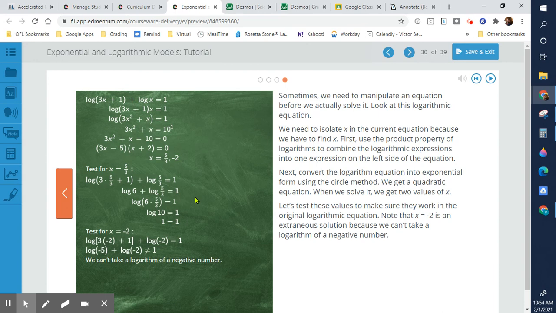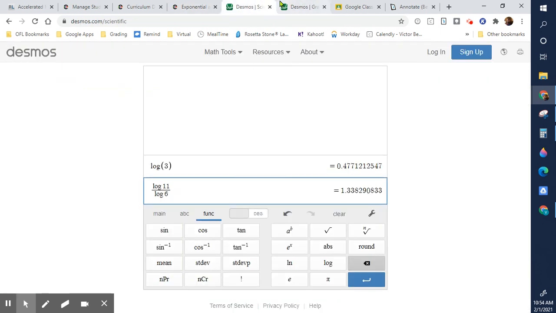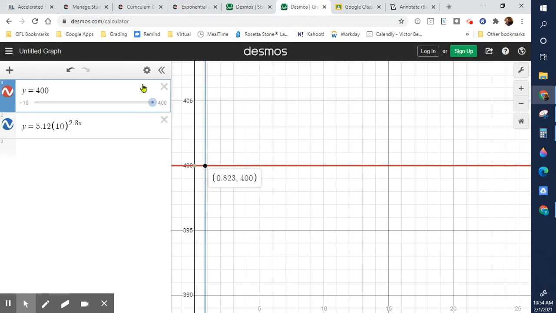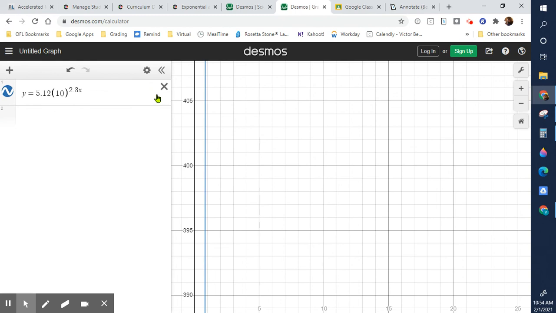Now we have to account for what's viable. Now, here's the thing. Logs can't take a negative answer. So because we can't take a negative log, we can't get an answer here. So if we look here, that negative 2 can't happen because logs are never negative. If you were to graph any log, in this case, we're just going to graph log base 10.